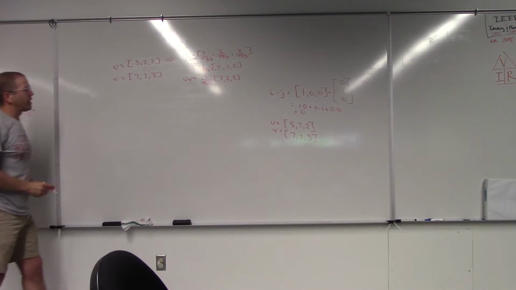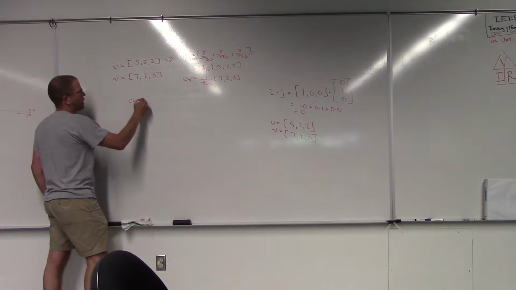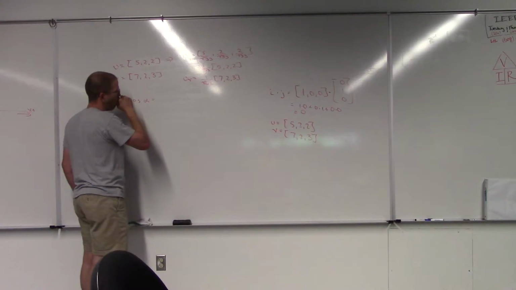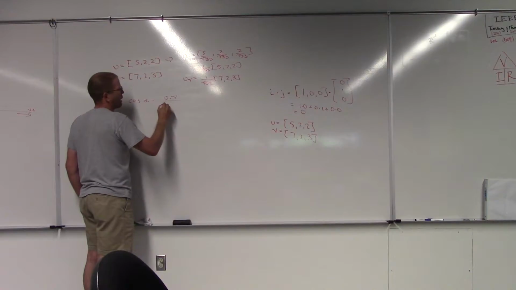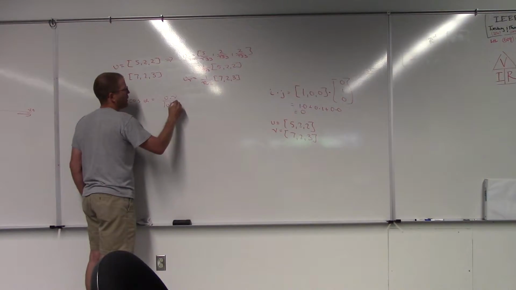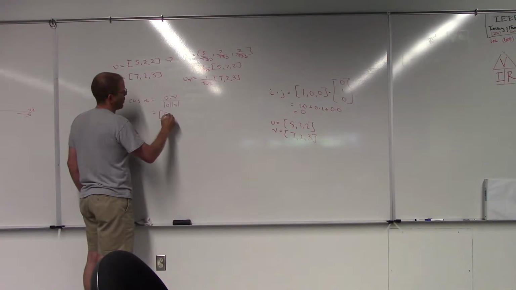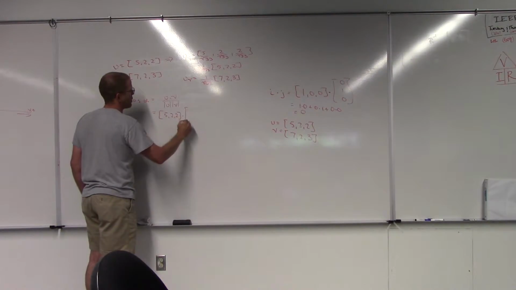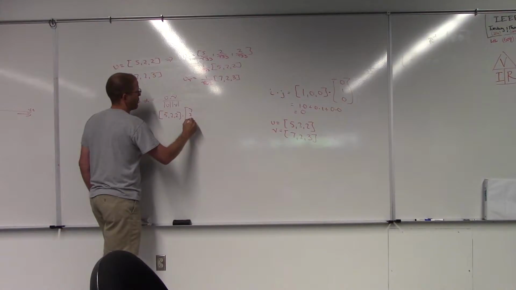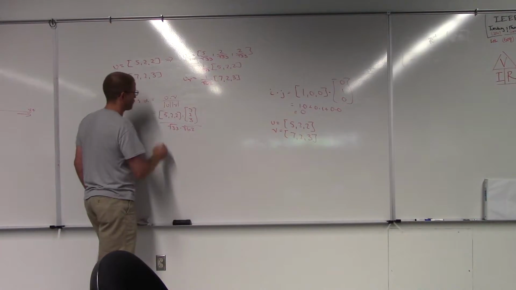So now that we have these expressed as unit vectors, we can say that cosine of alpha is equal to u dot v over magnitude of u times magnitude of v, which would give us 5, 2, 2 dot 7, 2, 3, all over the square root of 33 times the square root of 62.